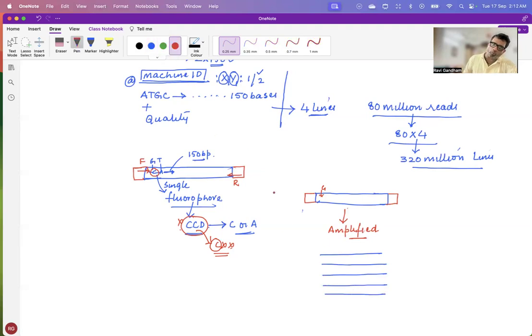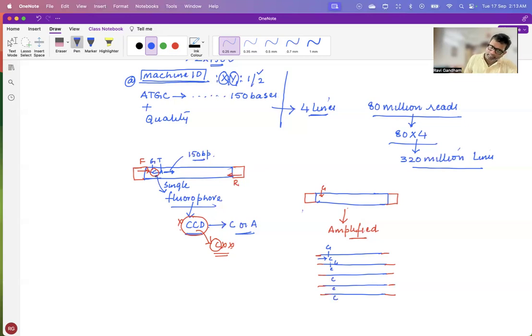And each one of them now has an adapter, which I'm drawing with a red line here, on either side. Now, when sequencing is taking place, once the same fragment is amplified several times, and since you have a G everywhere at this particular point, when the sequencing takes place, C is added here, C is again added here, and C is again added here.